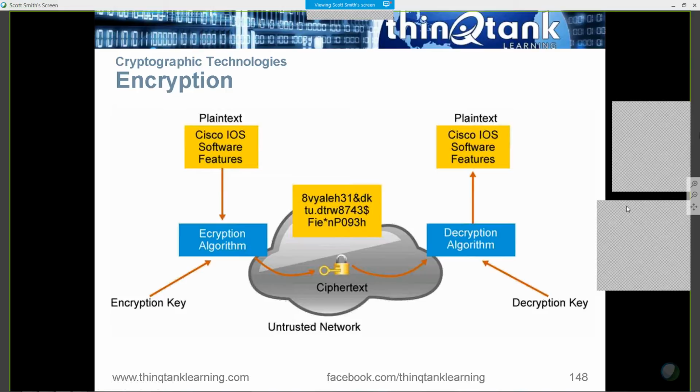IKE is not VPN. IKE stands for Internet Key Exchange, and what IKE does is it allows us to establish our VPN properties. There are two phases to establishing a VPN, which we'll see in the next chapter. Number one, you have to do the Security Association Establishment.